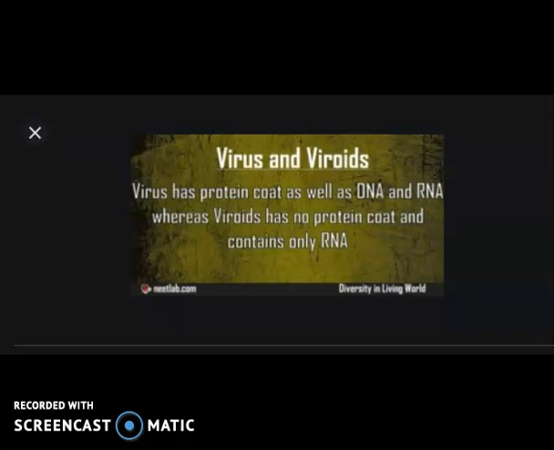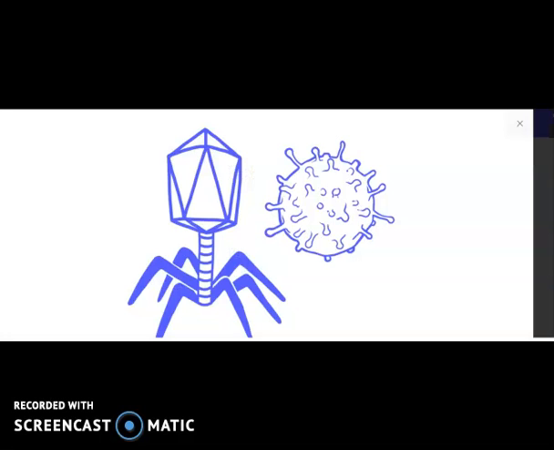Now we will discuss viruses and viroids. Viruses and viroids are a group of acellular organisms. Acellular organism means they are without cell, and they are not included in Whittaker's 5-kingdom system of classification. What is a virus?